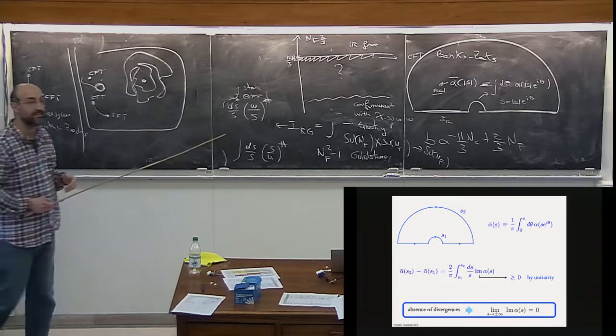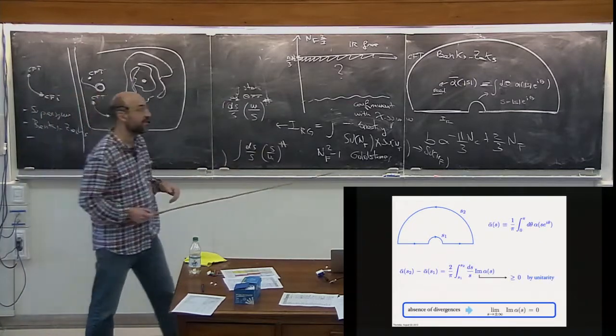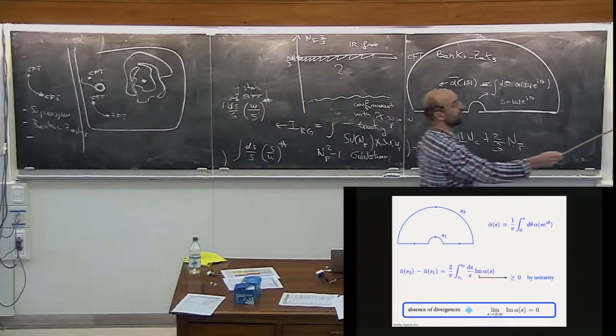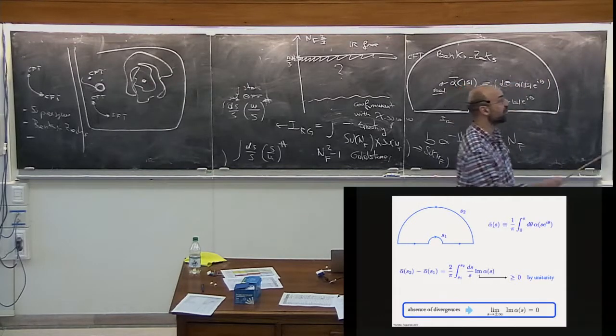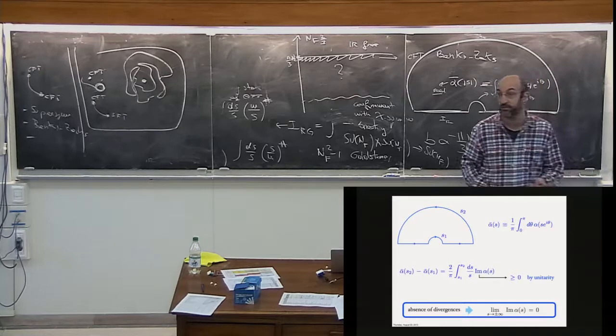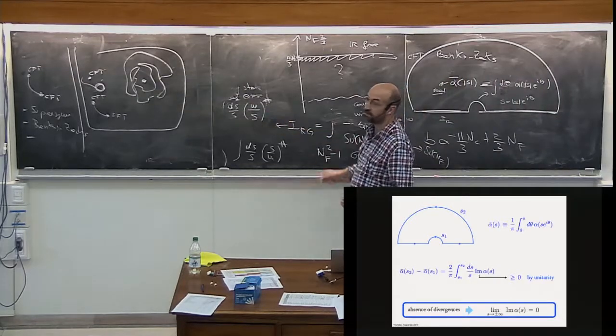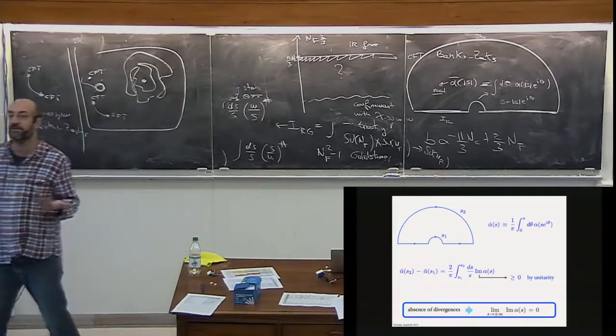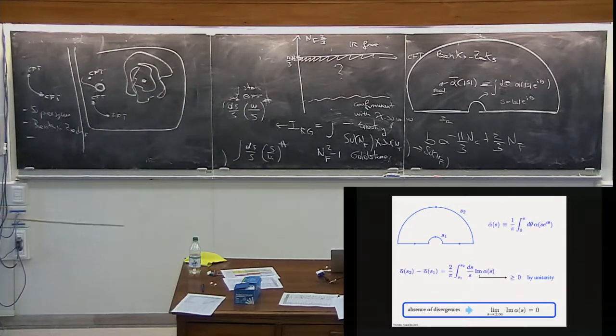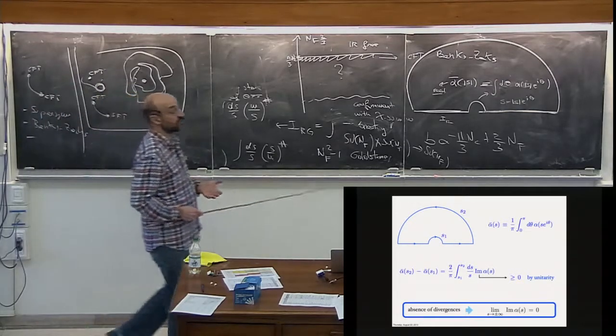In all these circumstances, forever, I can imagine taking this s1 to 0. And I know that these quantities are finite because they're just functions of the coupling in this region. They're just finite couplings, they are power series in finite coupling, so they can be written perturbatively in terms of these couplings. In other words, they're finite.